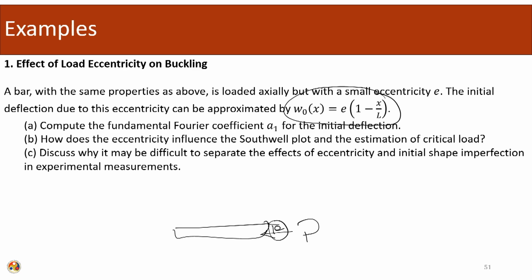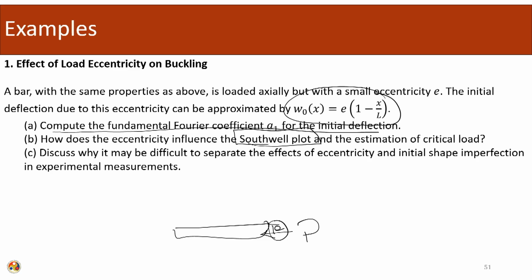In this particular problem, it is being asked to compute the fundamental Fourier coefficient for the initial deflection. Then it is asked to see the effect of the eccentricity on the Southwell plot. This plot we have done earlier also, and the estimation of the critical load.